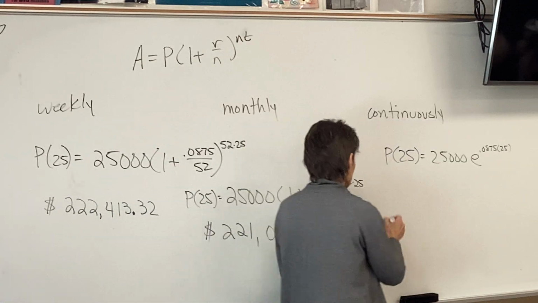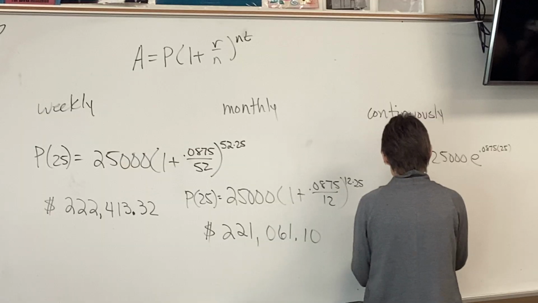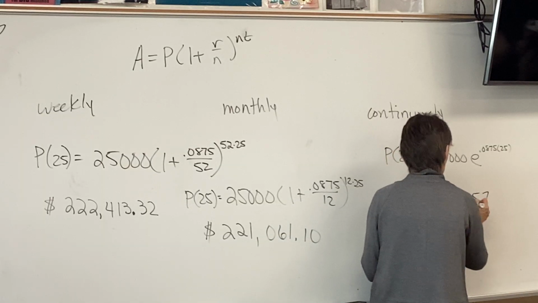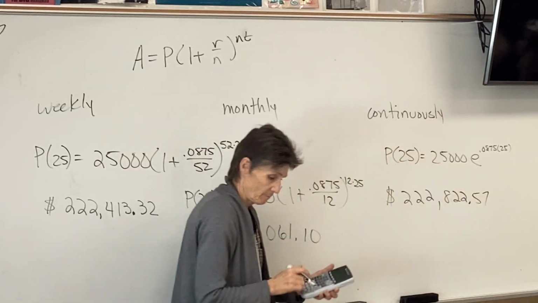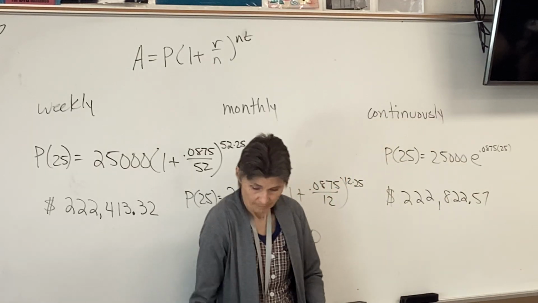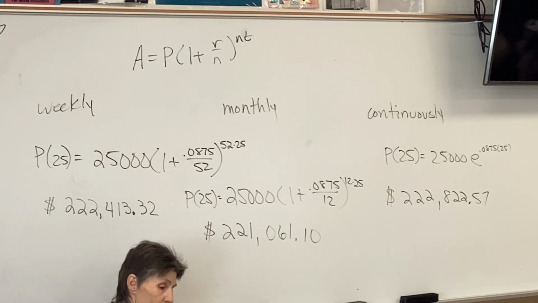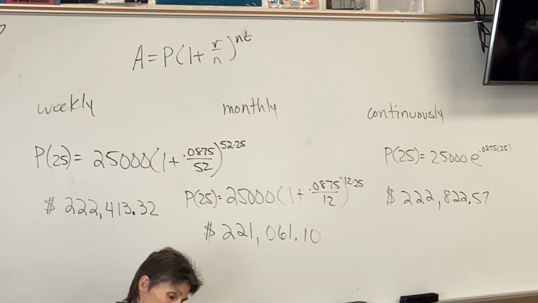And for continuously, I got 222,822.57. All right, take a look at those, type them in, see if you agree.